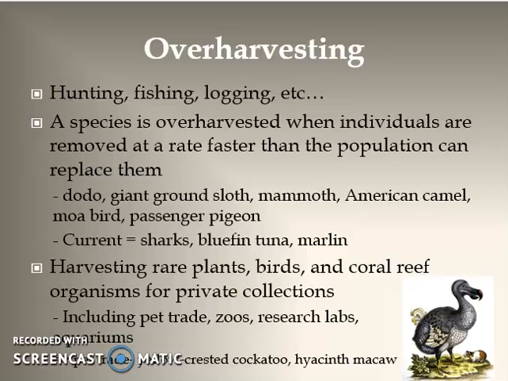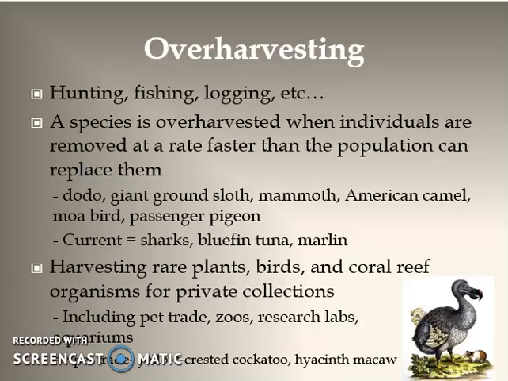We harvest rare plants, birds, and coral reef organisms for private collections. Be very careful if you ever get a saltwater aquarium. Try to get things that are bred and done in captivity. Most clownfish now are bred in captivity, but a lot of animals are still caught in the wild. And for every one that's caught and makes it into a fish tank in captivity, there's probably 10 that died in transit or died when they were trying to catch them.